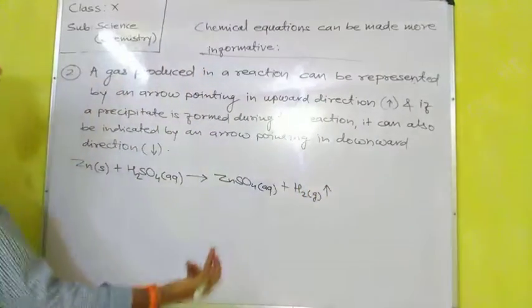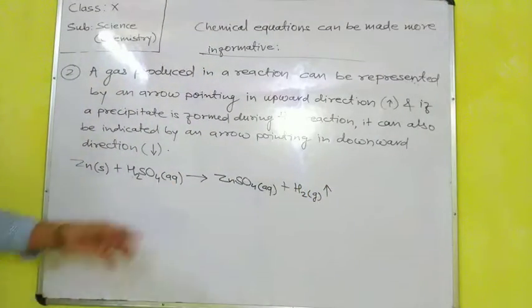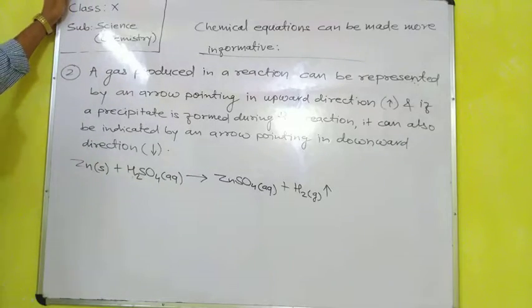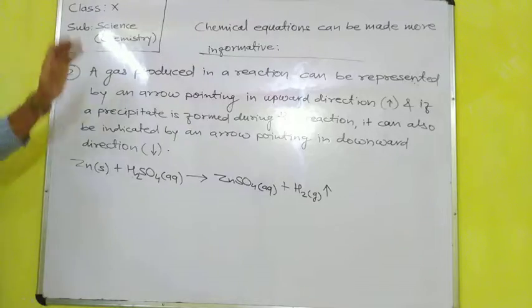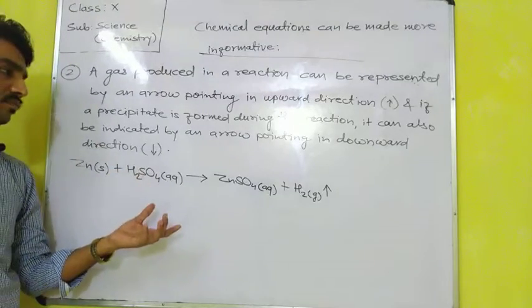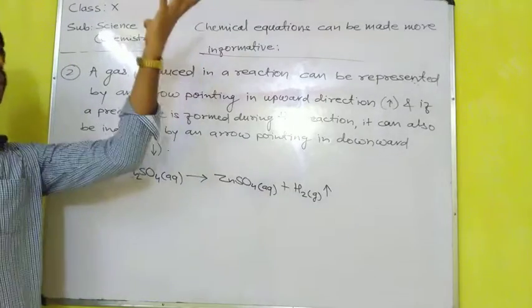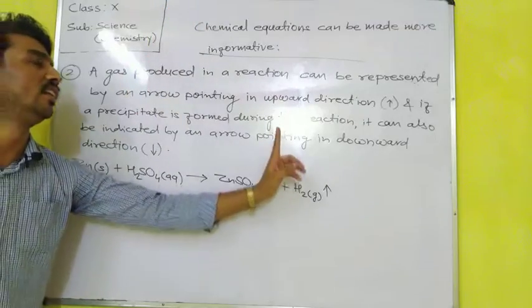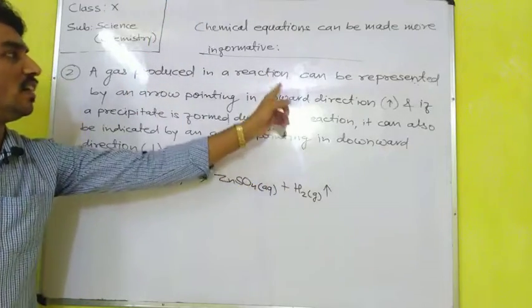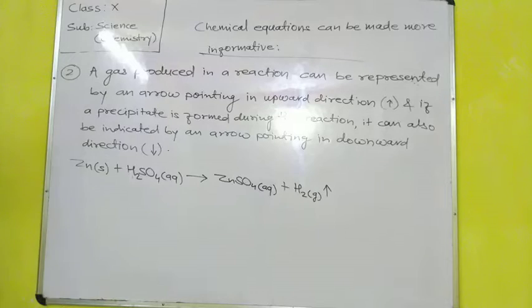So here the arrow is indicating the upward direction. It means that here hydrogen gas is evolving. Why? Because the gas is light, it will rise in the upward direction, so the arrow indicates towards the upward direction. And in all these states, zinc is present in the solid state.